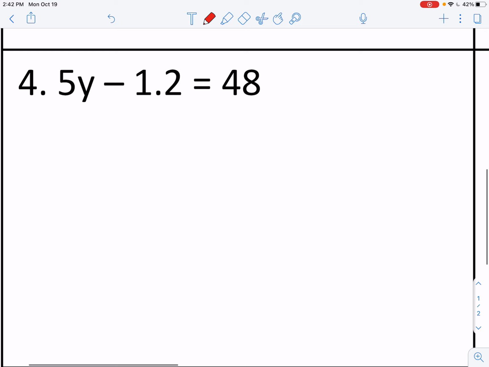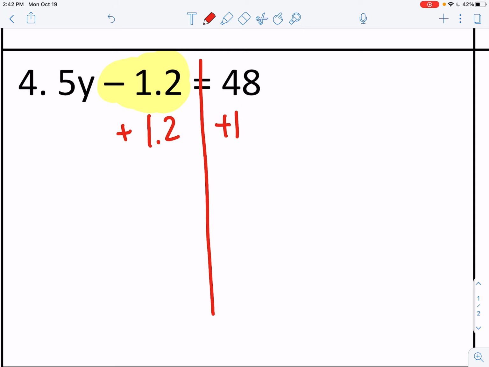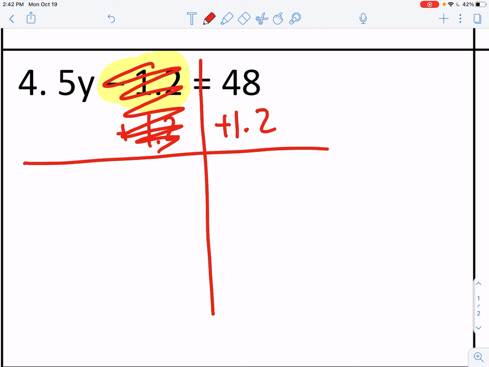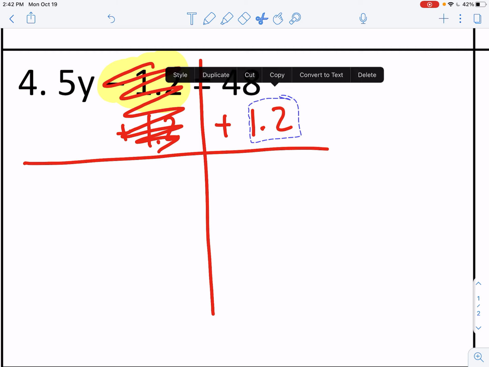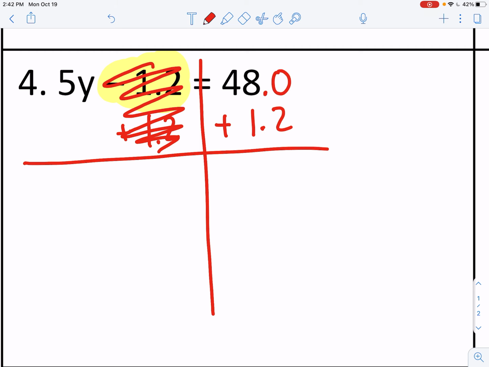Number 4, you have a decimal this time, and it's negative 1.2. You would have to add 1.2 to both sides to get rid of this negative 1.2. Now remember that you have to align the decimal points when adding or subtracting decimals, and this becomes 49.2.